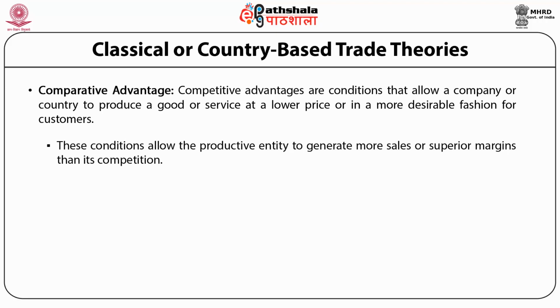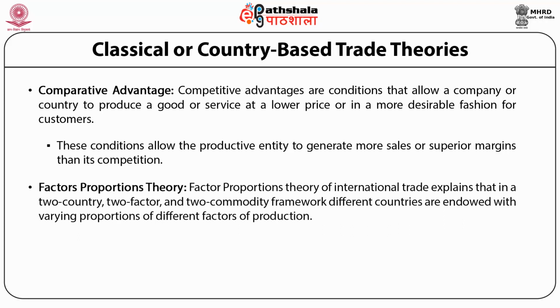Another theory is factor proportions theory. Factor proportions theory of international trade explains that in a two country, two factor, and two commodity framework, different countries are endowed with varying proportions of different factors of production.